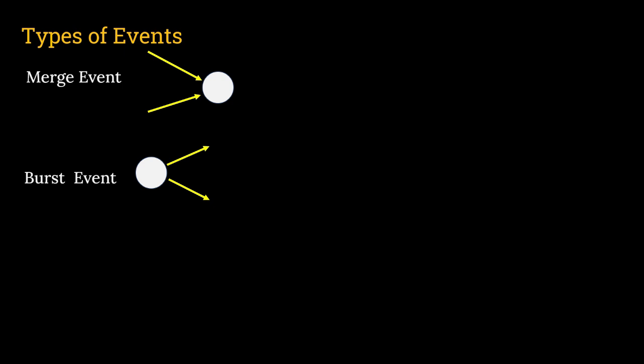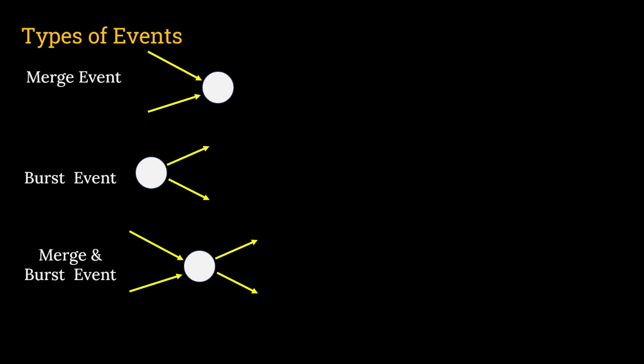It is bursting out. It is merging in. In this case, two activities are merging and two activities are bursting out from the same node. It is known as a merge and burst event.